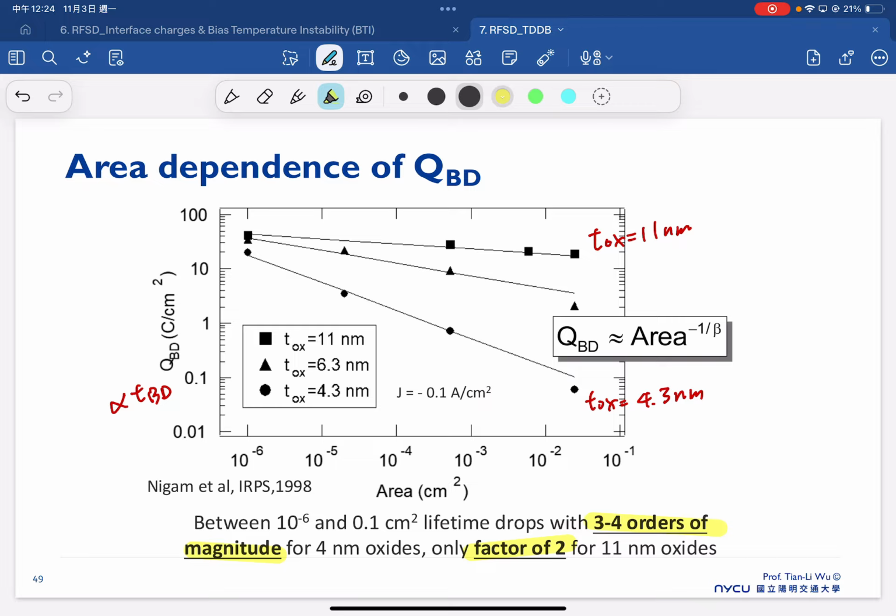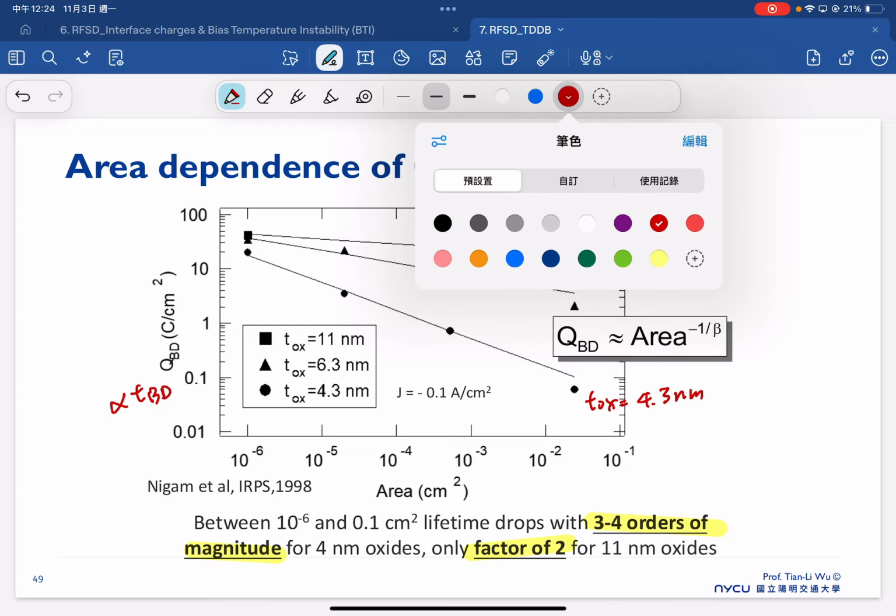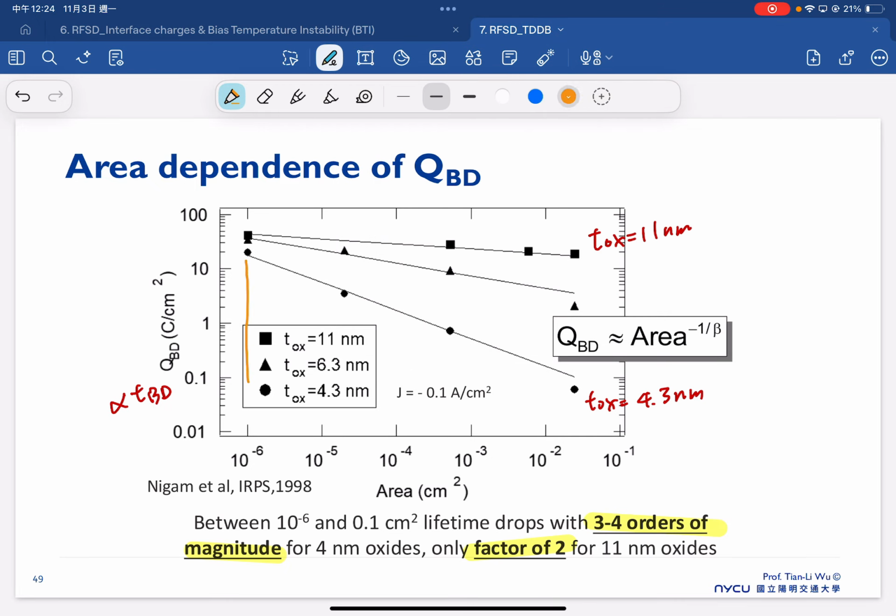So this actually means that there is a huge drop in lifetime in the case of a thin dielectric. That also poses another warning: if we continue to decrease our dielectric, we always face a lifetime issue because the lifetime will drop very fast.